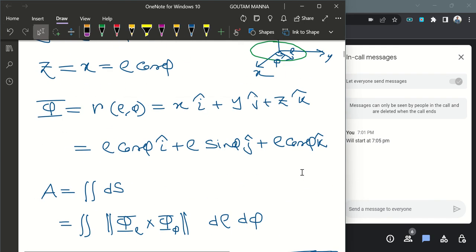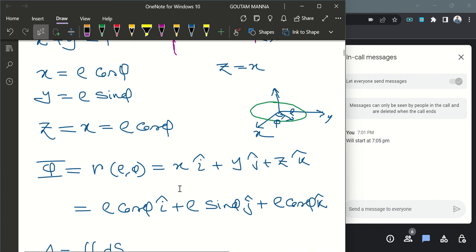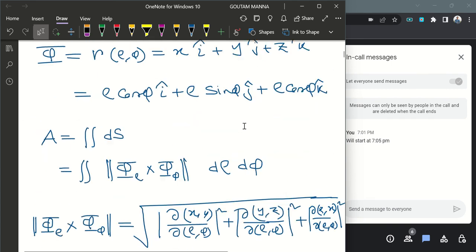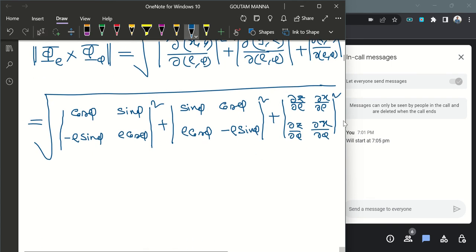Now z and x are the same because we are in the z equals x plane. So in that case, these derivatives del z del rho and del x del rho will be equal, and del z del phi and del x del phi will also be equal. So the determinant of that will be 0.